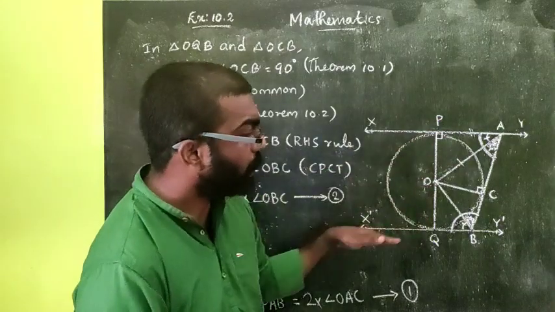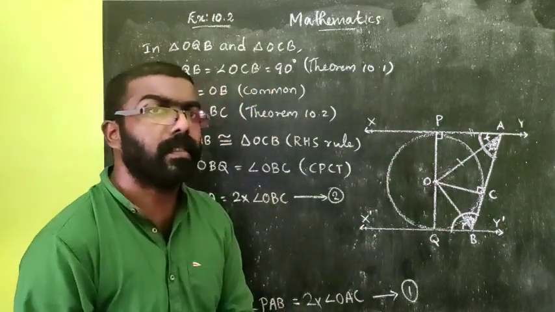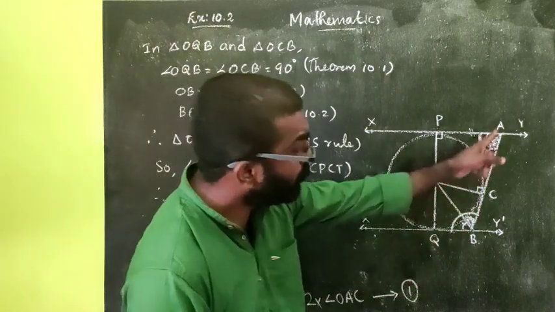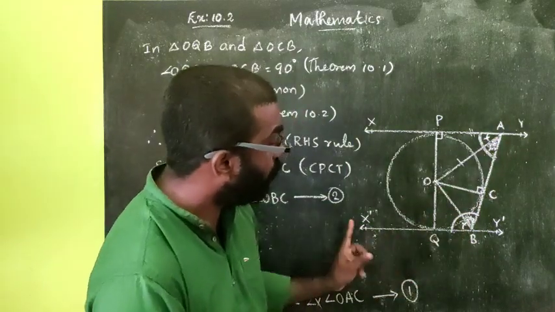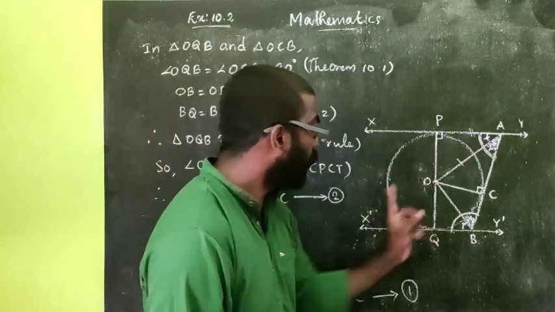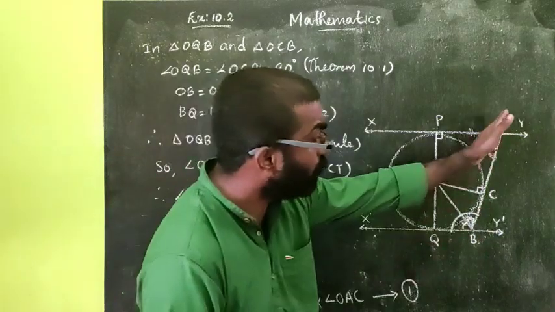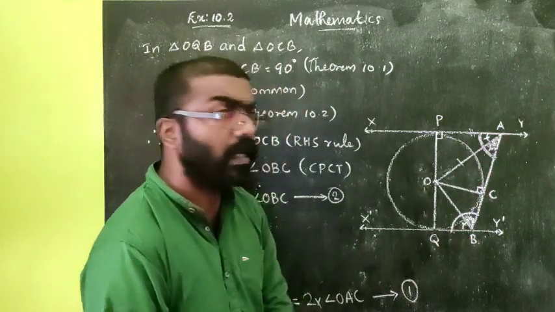Here XY and X dash Y dash are two parallel tangents, right? So we can consider AB as a transversal, and these two tangents are what? Parallel lines. XY and X dash Y dash are two parallel lines that are intersected by a transversal, namely AB.